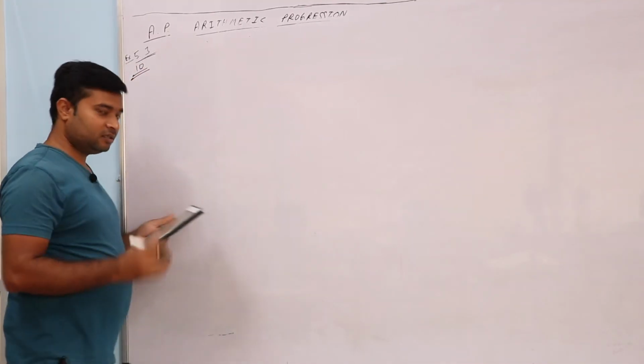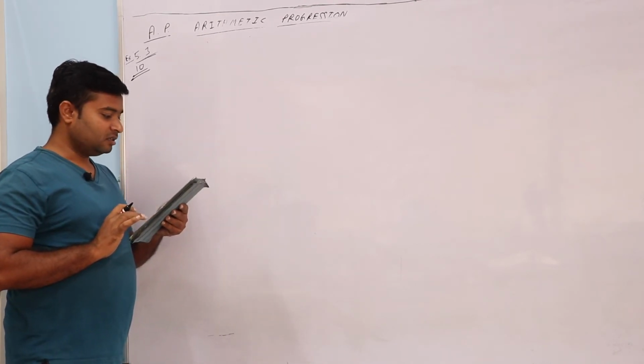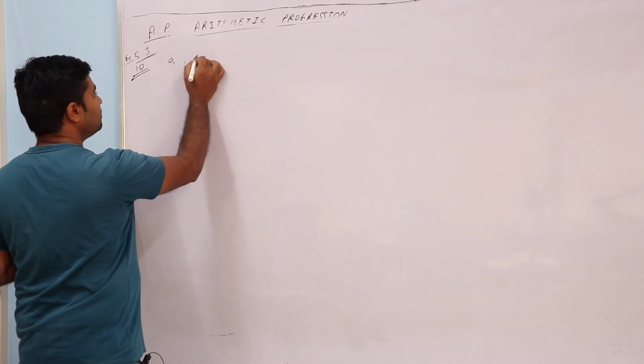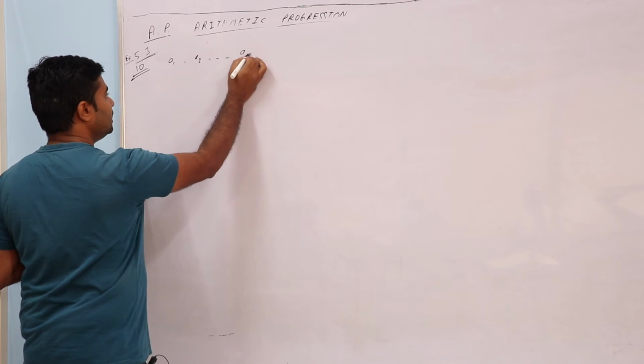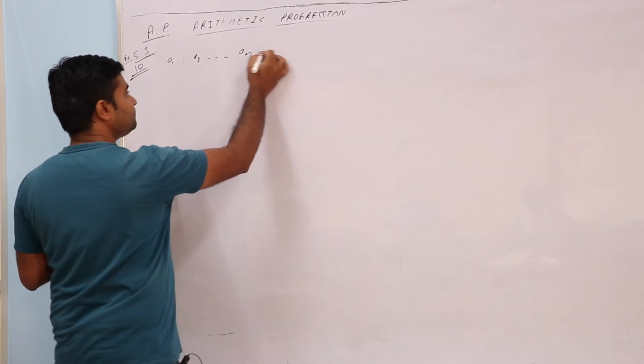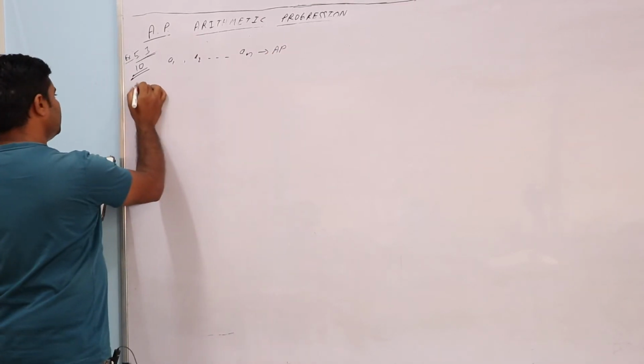Question number 10. See here. a1, a2, ..., an form an AP, where an is defined below.